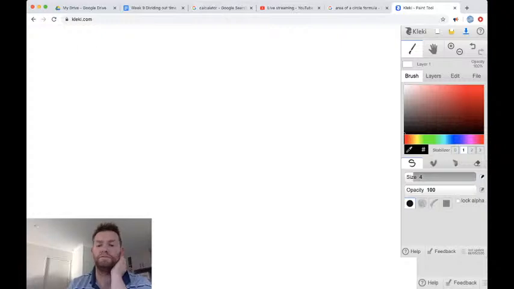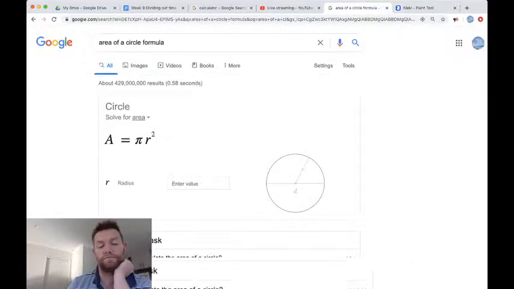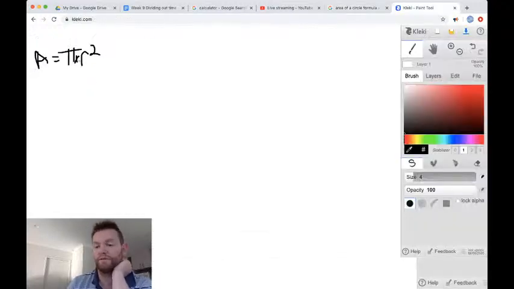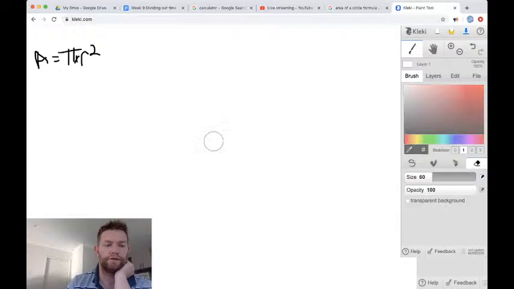So let's write in this formula. Area equals pi times radius squared. When numerals are written right next to each other, they mean multiply when you're dealing with algebra. But I've written in the little thing just so you can see it.